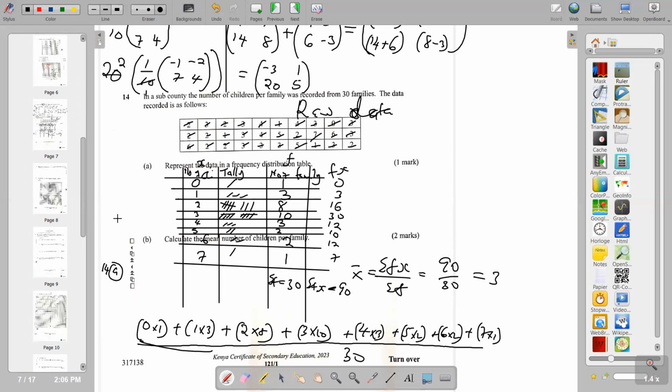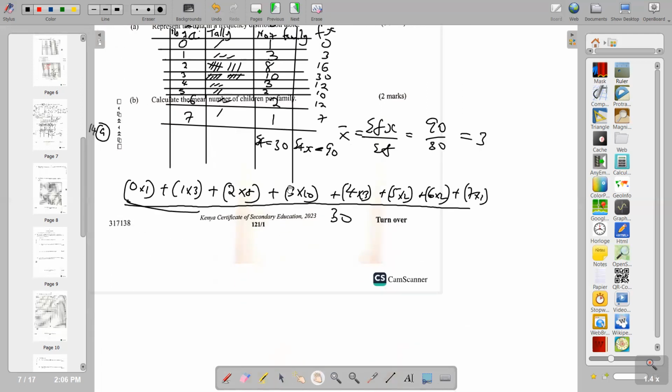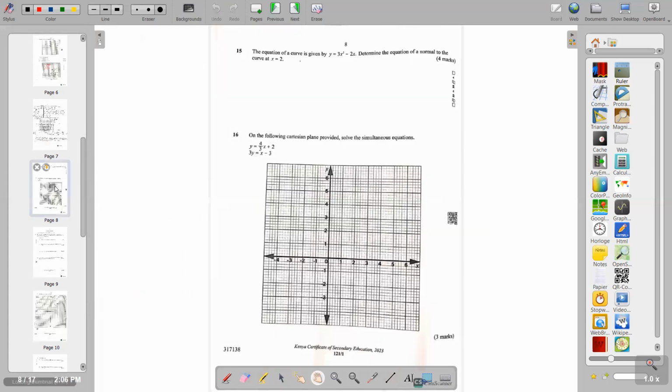Now, for this second part, you have it here. Number 15.